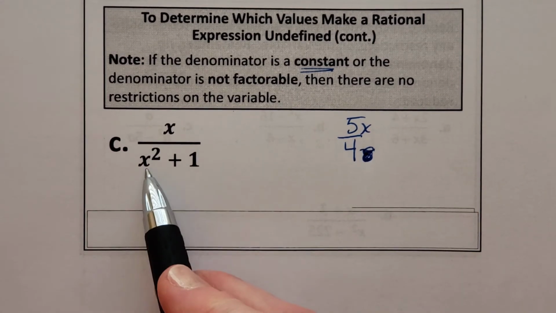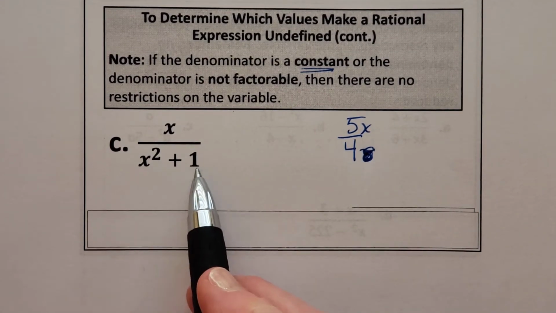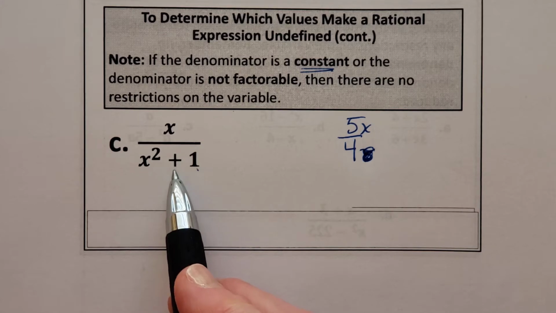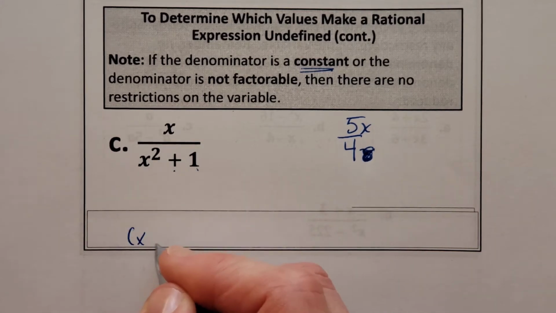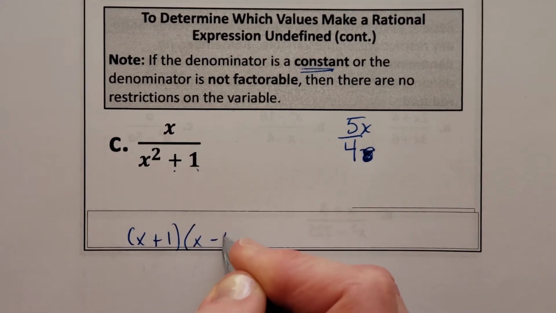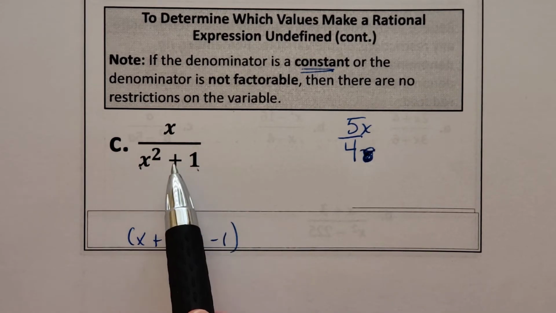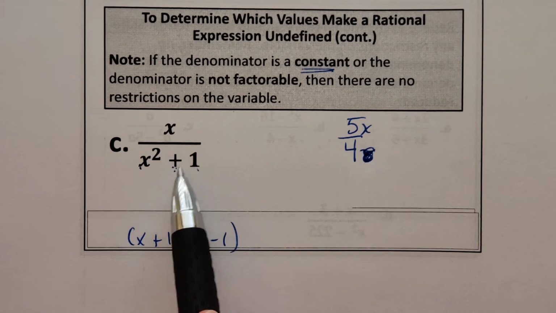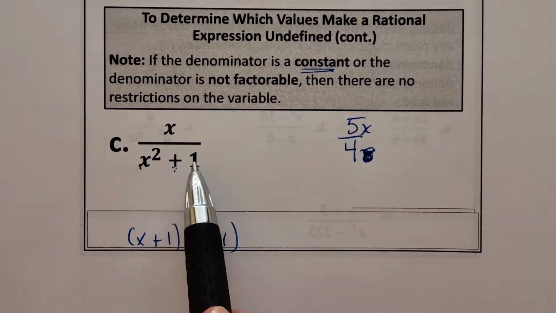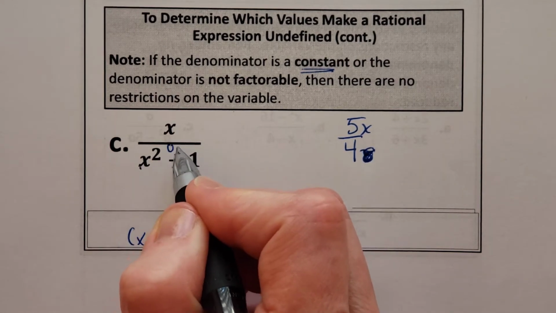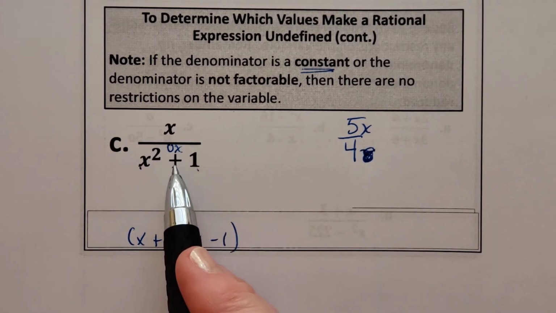Now, if you look at this one, these two numbers are perfect squares. If this were a minus right here, we could break this down by finding the difference of two squares. But remember, if you have two squares and there's a sum, there is no way that you can factor this to get a middle term of 0.